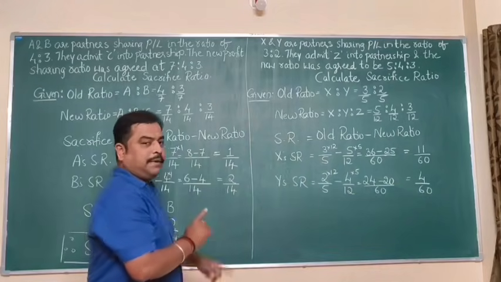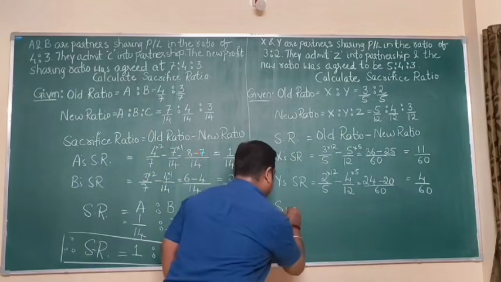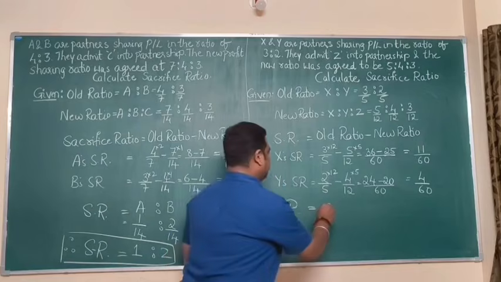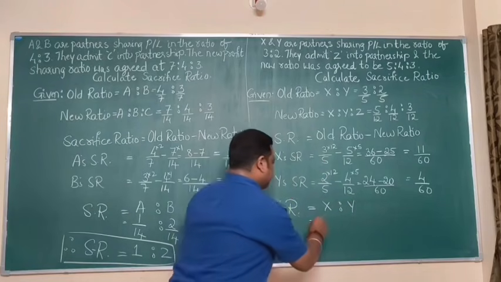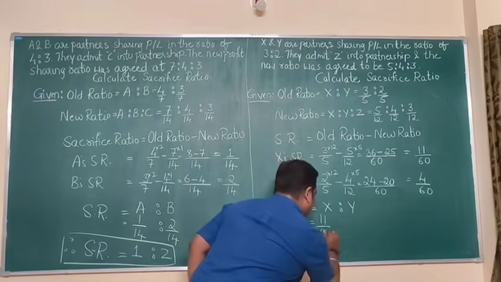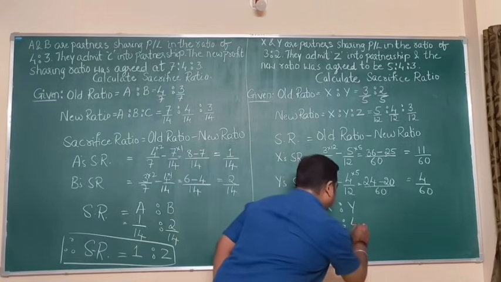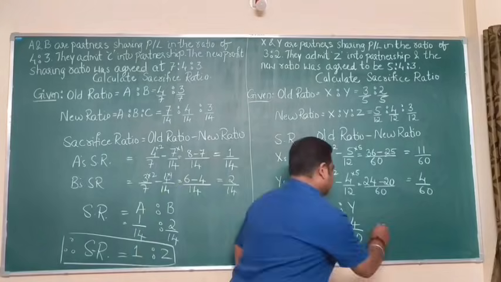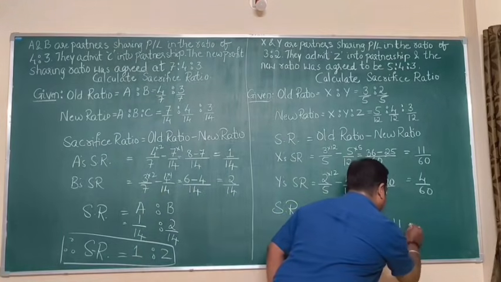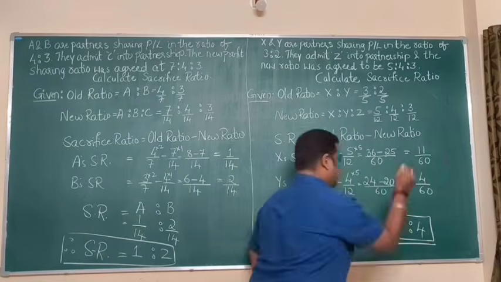Now last step, final presentation of the answer. Sacrifice ratio is X is to Y, that is 11 by 60 is to 4 by 60. Denominators are common here. So the answer is 11 is to 4. This is your sacrifice ratio.